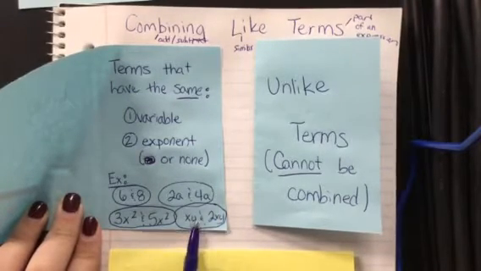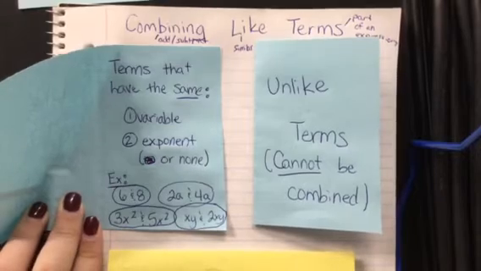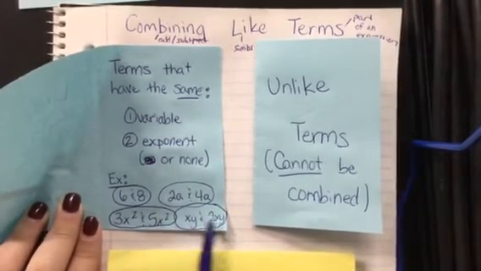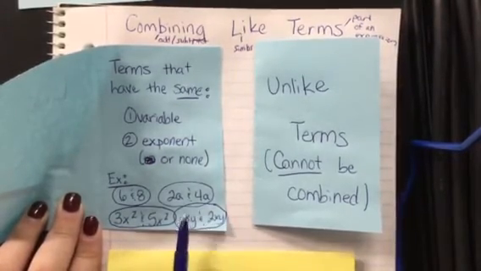And xy and 2xy are like terms because they both have x's and they both have y's.